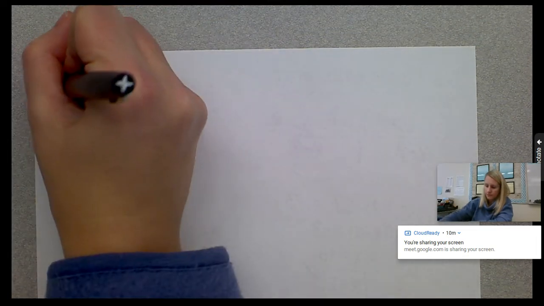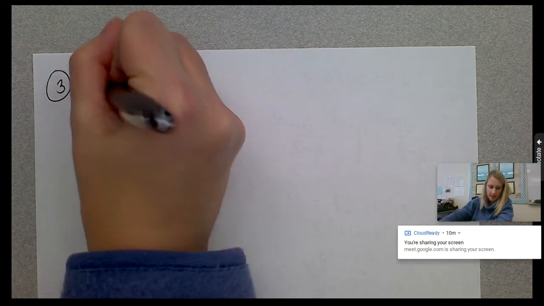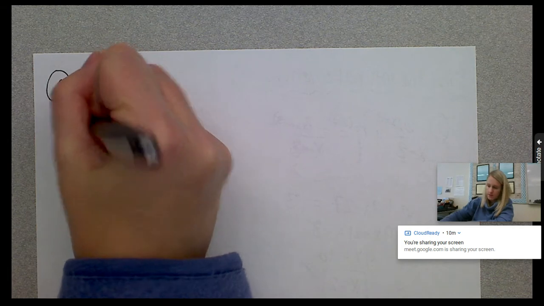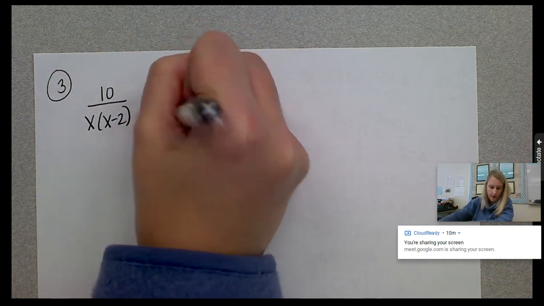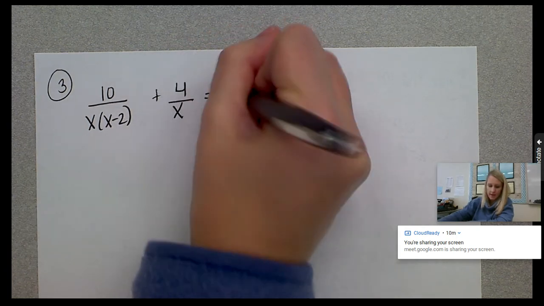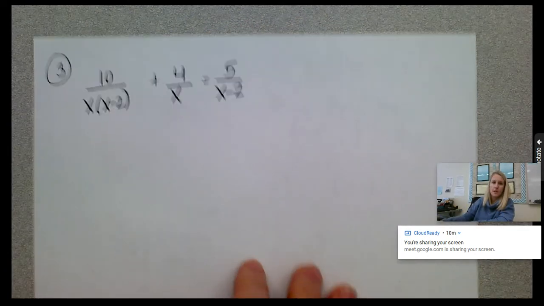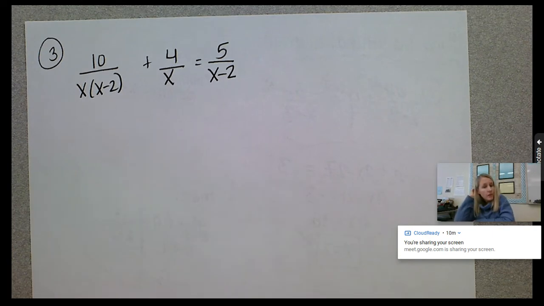All right, let's look at number 3. What do we got? 10 over x times x minus 2 plus 4 over x equals 5 over x minus 2. Okay, so that's my problem. And we are going to find the common denominator first.